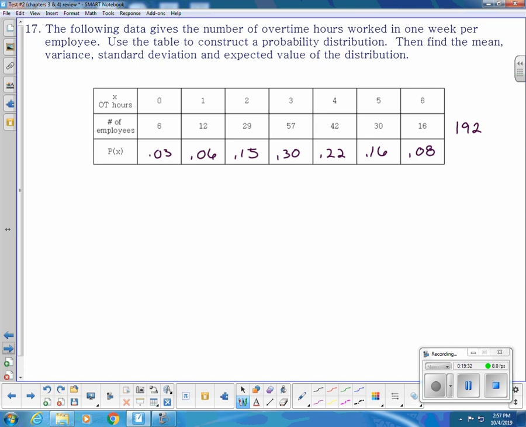So this is the formula for the mean, is the summation of each x times its probability.